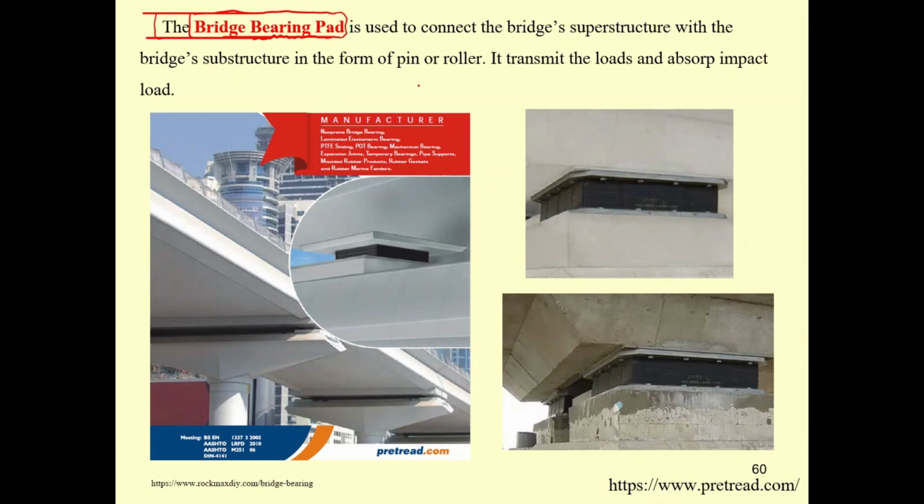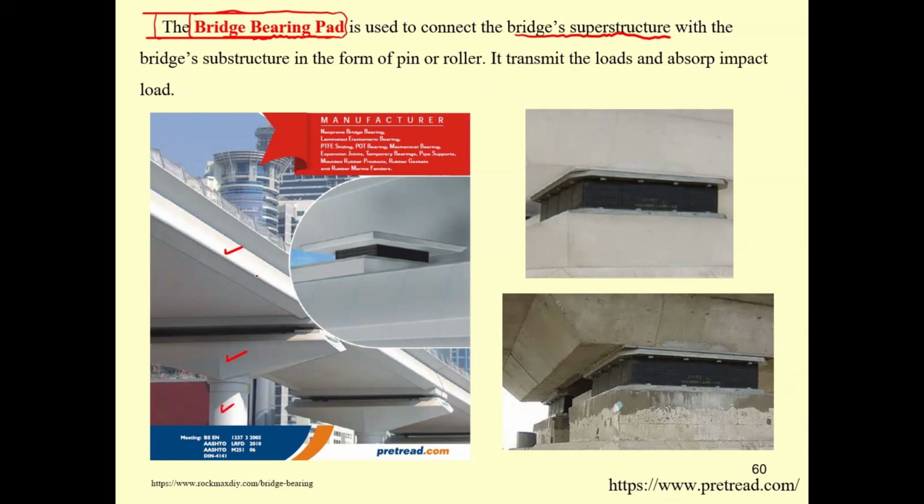The bridge structure, the top of the bridge, is called the bridge superstructure. This is the bridge superstructure, and then there is the bridge substructure. Okay, this is going to be the cross beam, and this is going to be the pier.